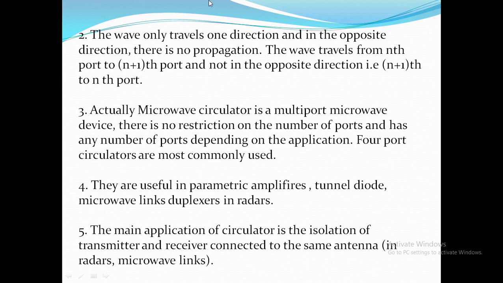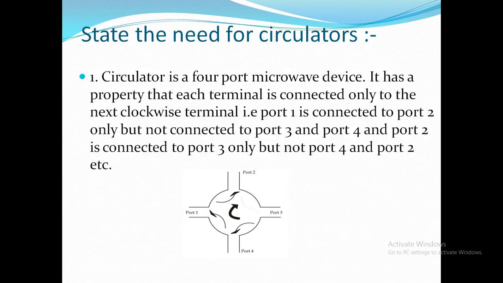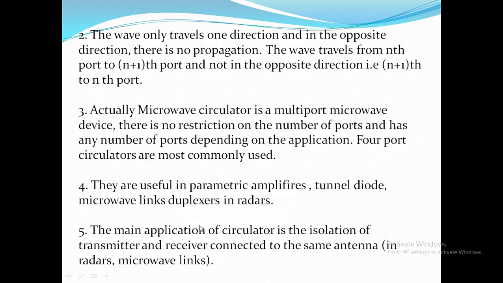Whenever the wave travels in the opposite direction, there is no propagation. Whenever the signal travels from the nth port to the n plus 1th port, and not in the opposite direction. So one can see here, the wave travels from the nth port to the n plus 1th port but not in the opposite direction.